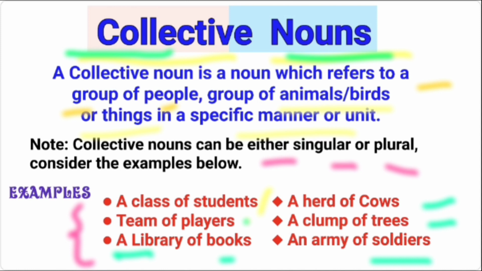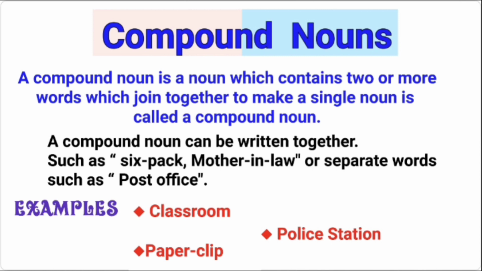An army of soldiers, because in an army you find millions of soldiers who are fighting for their country, who are sacrificing their lives for their country. But it is an organization which is called an army. Students, our last noun is compound nouns.